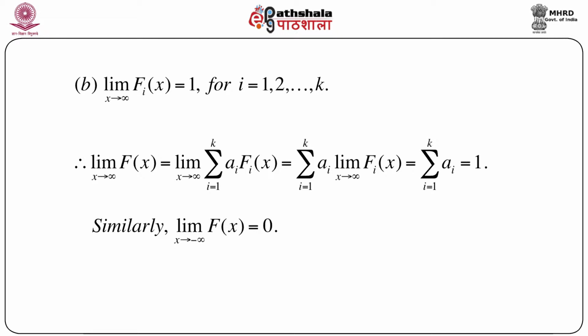So this becomes very easy, and we can immediately see that limit x goes to minus infinity F(x) equals 0. So all these properties are satisfied except one, which is one of the most interesting properties of distribution function, which is that we have to show that capital F must be a right continuous function.